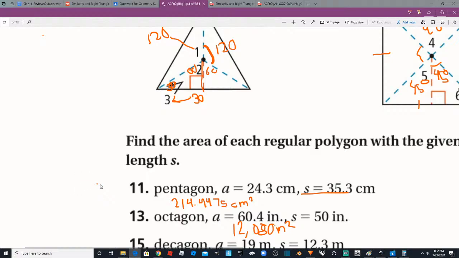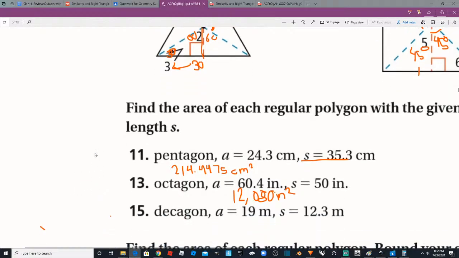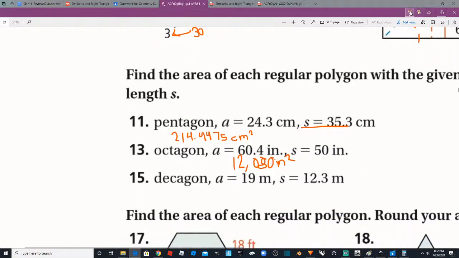Okay, I just need to clean this up a little bit. Okay, decagon. I don't think I'm going to draw a good decagon.